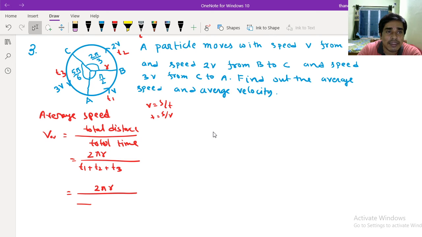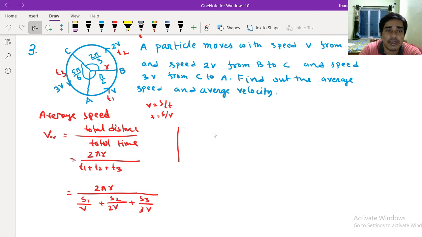So s by v, that means s by v plus, suppose this is s1, this is s2 by 2v, and here is t3 is s3 by 3v.